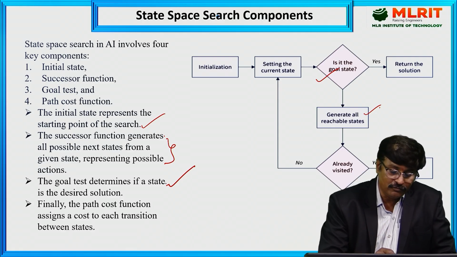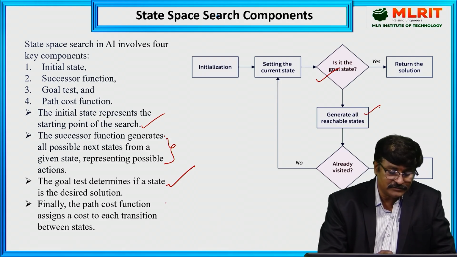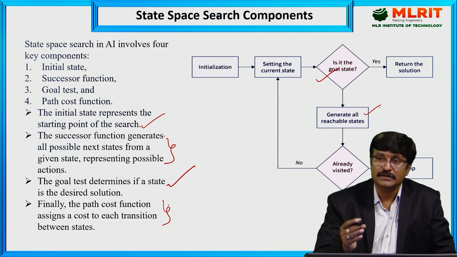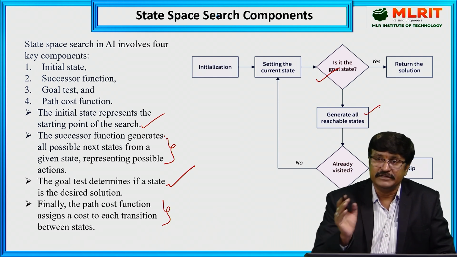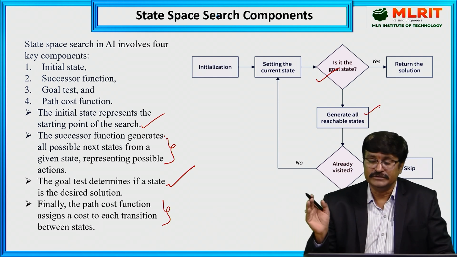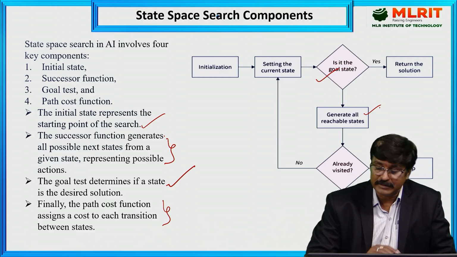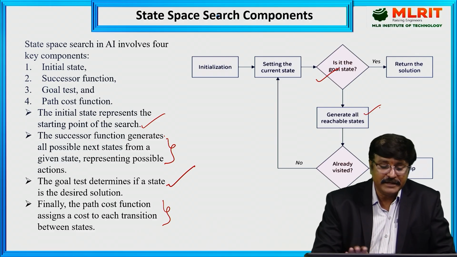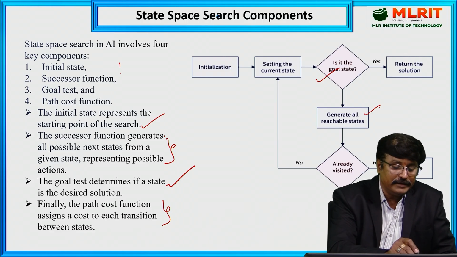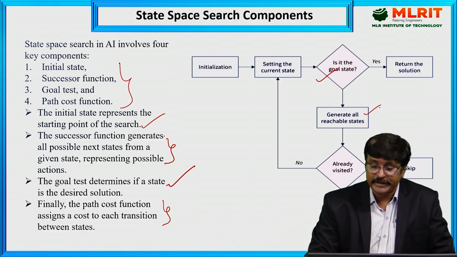Finally, the path cost function assigns a cost to each transition between states. What is the path cost from the current state to the next state, or from the current state to the goal state? You can calculate the path distance. So these are the four main key components. This is the flow diagram.